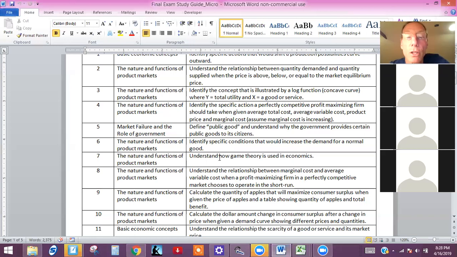Number 6, identify specific conditions that would increase the demand for a normal good, right? Well, why would somebody demand more of something? It could be anything.